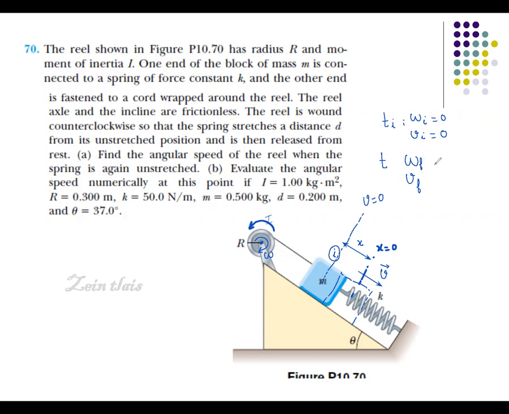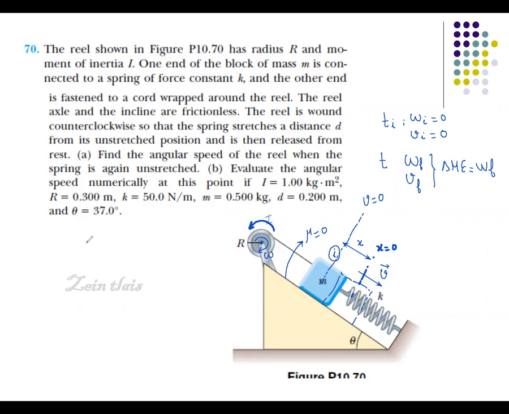I told you each time you want to calculate omega or v, you have to apply delta mechanical energy. Here I told you we don't have friction with the inclined plane, mu equals to 0. So we have a conservation of mechanical energy.